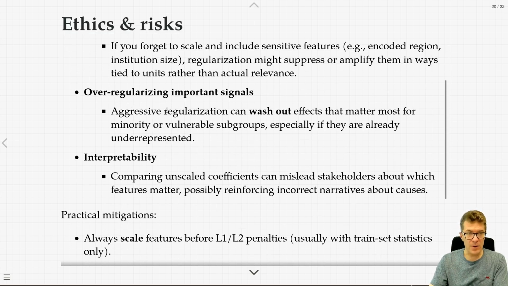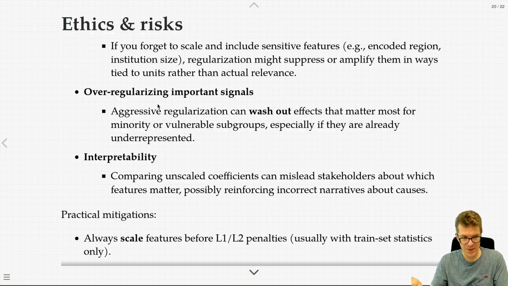We talked a little bit about under-regularization, which ends up overfitting, and over-regularization, which sometimes ends up underfitting. If you regularize too much and make these functions too smooth, this can wash out or erase effects that might actually matter to unique or vulnerable subgroups.